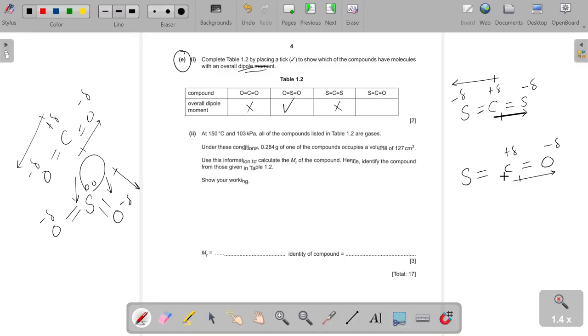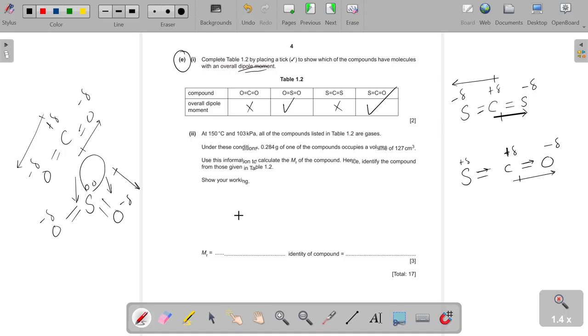What is the inductive effect? Oxygen pulls the electrons of this carbon towards itself, which means sulfur's electrons are also slightly attracted towards this side, so it is slightly positive as well. Now this area is polar, so it also bears some dipole moment.